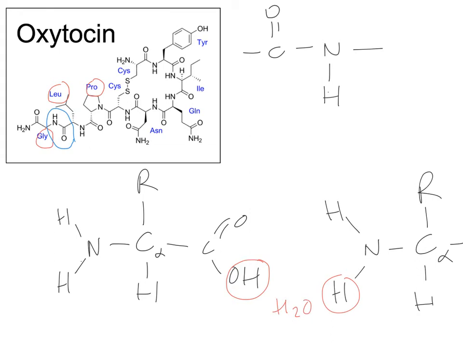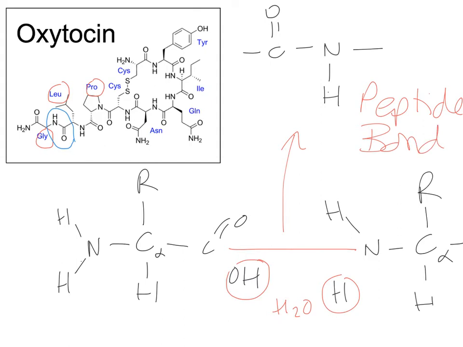So that's why it's called a condensation reaction, because we make water and we get a new bond forming. So this bond dissolves here, this bond goes there, and then we get a new bond forming between our carbon and nitrogen, which gives us the peptide bond that we had up there. So this is a condensation reaction, and that's how amino acids become linked.